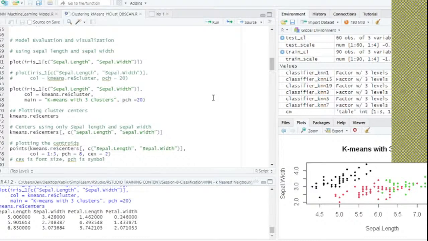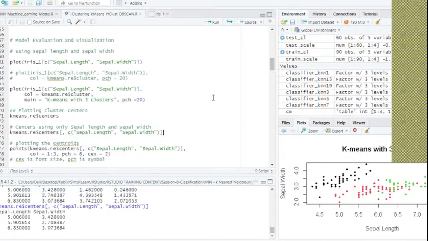Line number 71, cluster centers or centroids. I've already shown that to you earlier. So this is only if I want centers for sepal length and sepal width, which I'm using, right?